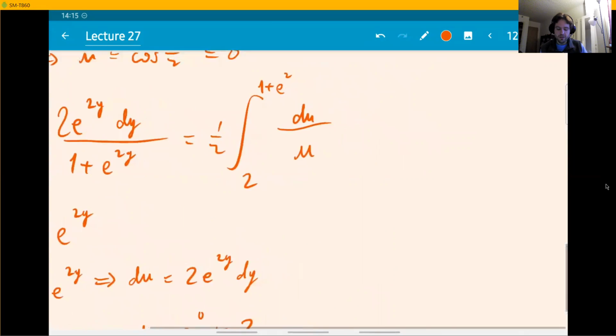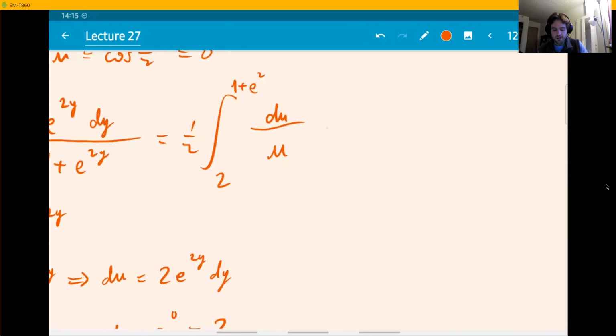How do we do this definite integral now? Leave the constant outside, 1/2. The function whose derivative is 1 over u is ln of u. We don't need the absolute value because these numbers are positive. That one has to be calculated between the numbers 2 and 1 plus e squared.